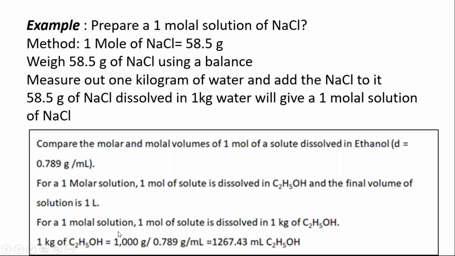For a 1 molal solution, 1 mole of the solute is dissolved in 1 kilogram of ethanol, and 1 kilogram of ethanol, if you divide by the density, is equal to 1267 milliliters of ethanol. So you can see the difference between a molar solution and a molal solution when the density of the solvent is different from the density of water.